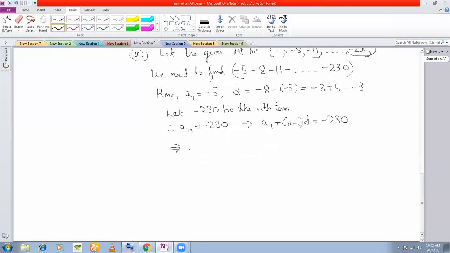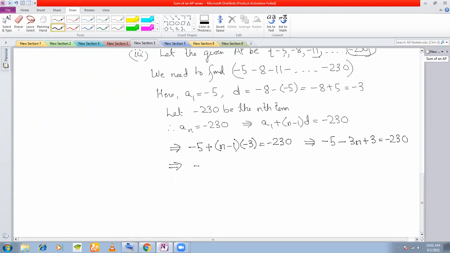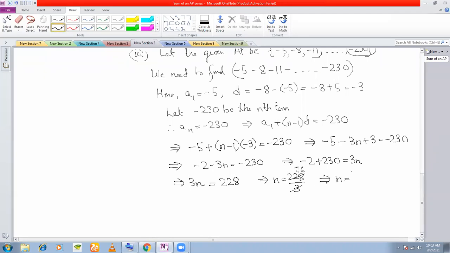We shall find out n from here. d is -3, equal to -230. Can cancel here. So n here is 76.